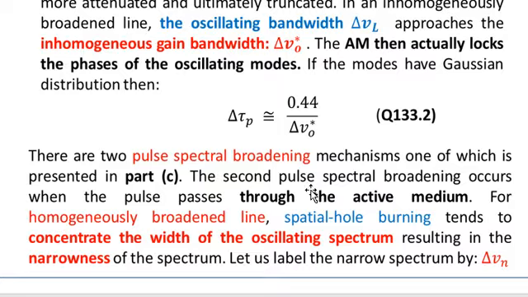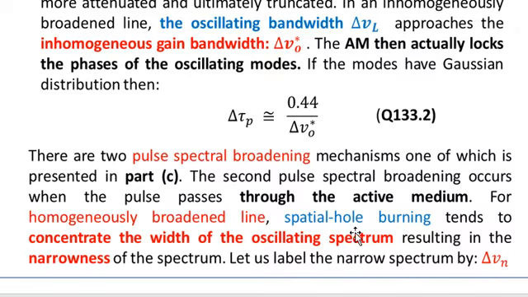The second is pulse spectral broadening. This is not temporal broadening, it is a spectral broadening. The second pulse spectral broadening occurs when the pulse passes through the active medium or the gain medium. For a homogeneously broadened line, there is spatial hole burning.